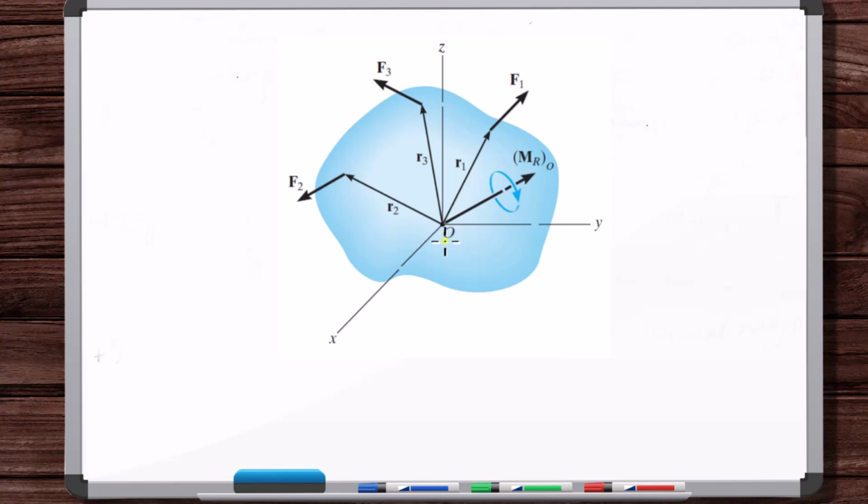That's what we talked about in particle equilibrium. All of the forces have their lines of action meeting at a point, so you can slide those vectors and have their tails all at the same point and do a vector sum.